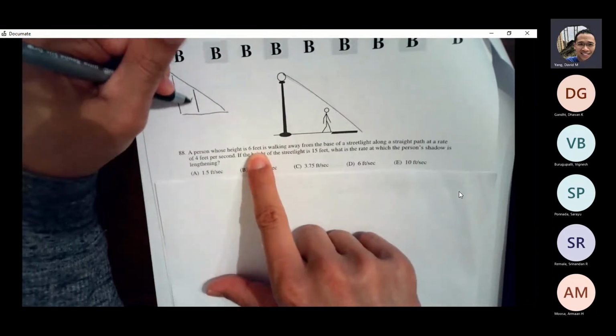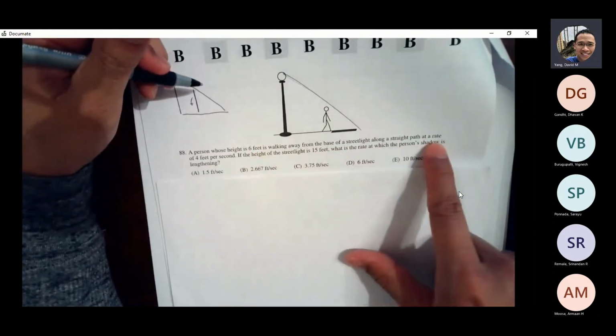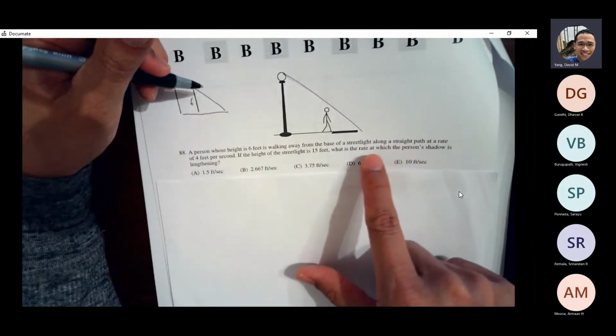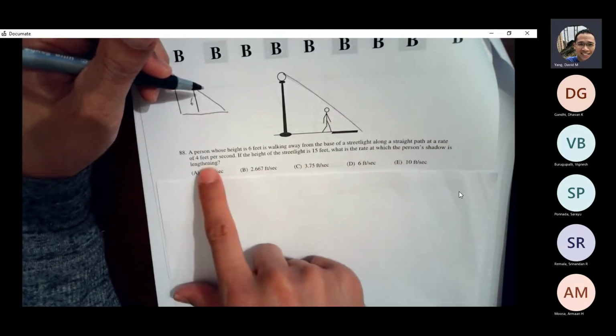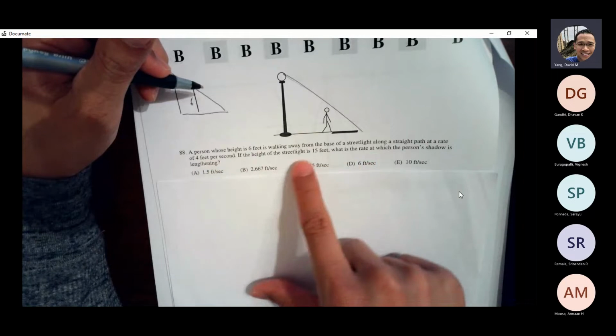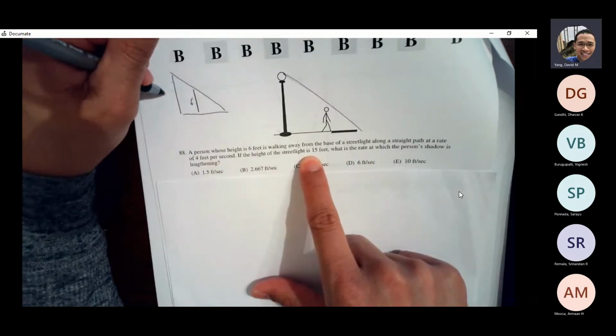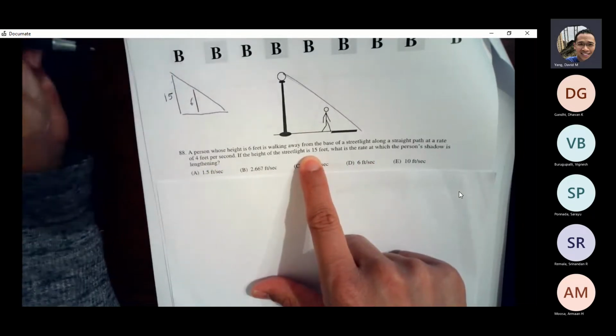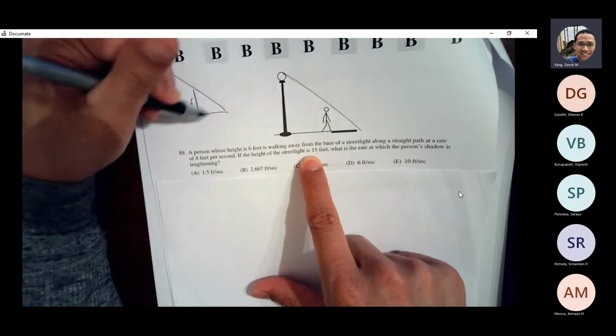A person who's 6 feet tall is walking away from the base of a street light along a straight path at a rate of 4 feet per second. If the height of the street lamp is 15 feet, at what rate is the person's shadow lengthening?